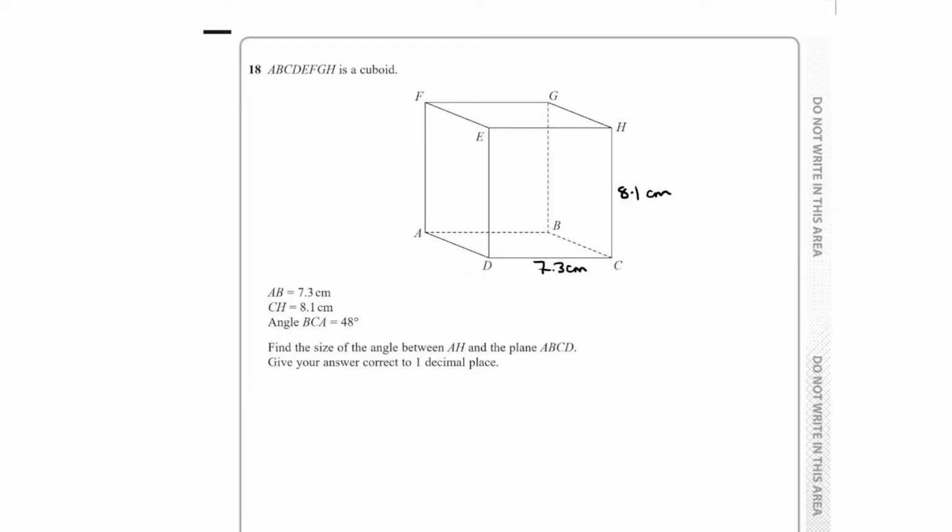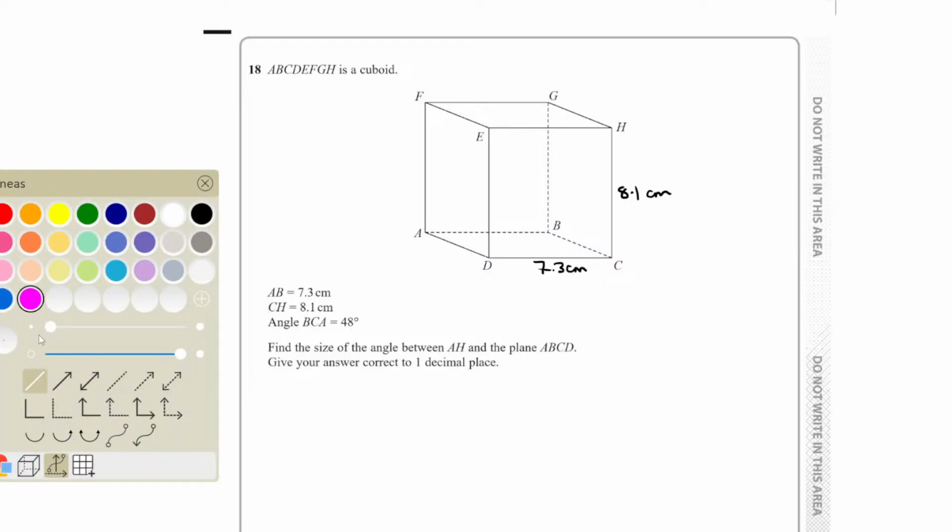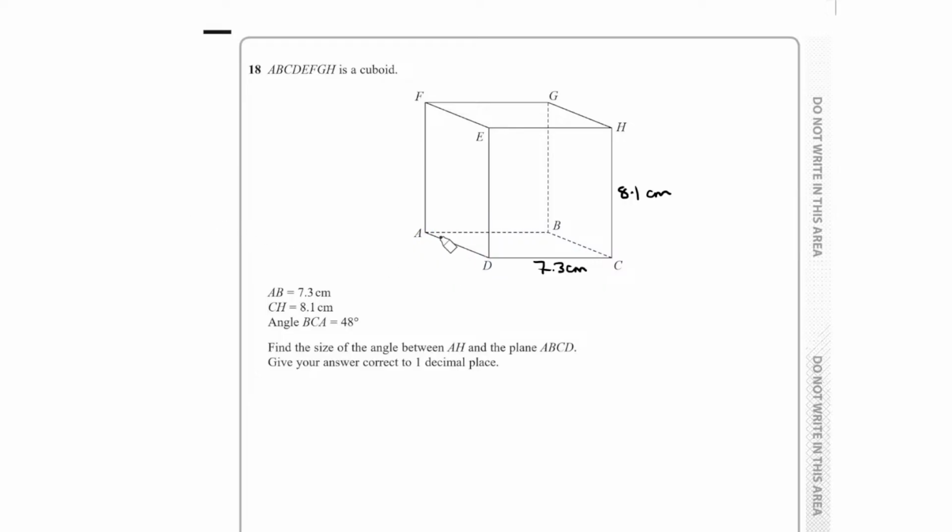I want it to be pink. I would draw that because I think that's actually helpful in this question. So you draw that, then that's 48, literally on the base, isn't it? So then they've said find the size of the angle between AH, so draw that, and the plane ABCD. Now because I drew the AC, the angle is this.